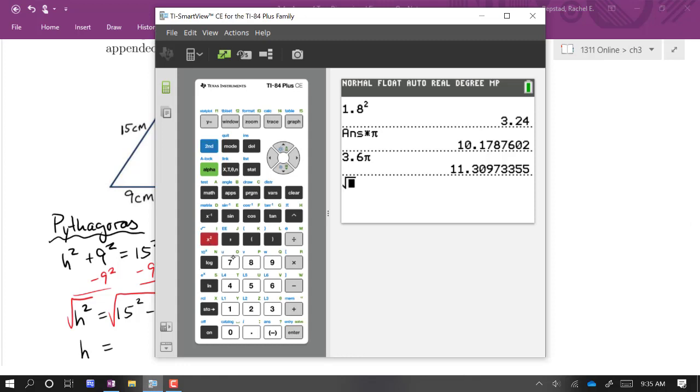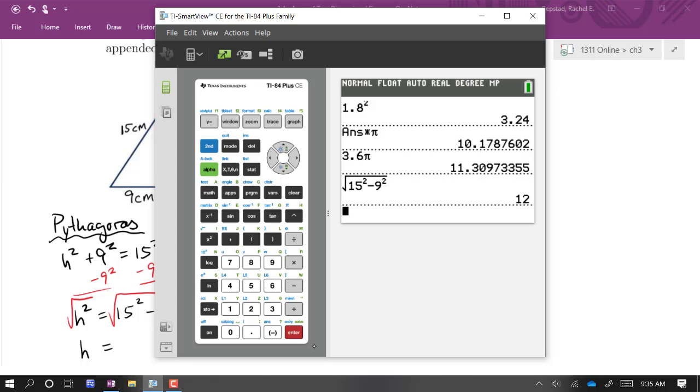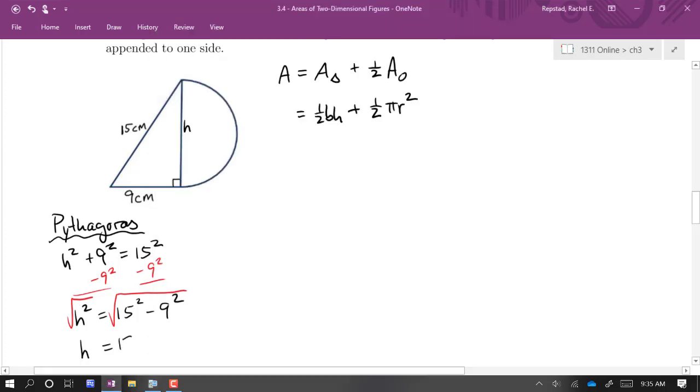So the square root of 15 squared minus 9 squared is 12. Note that it's not 6, right? We cannot split up a radical over addition or subtraction. So it was important for us to actually plug this in or figure out the value of 15 squared minus 9 squared. So we get 12 as a result.